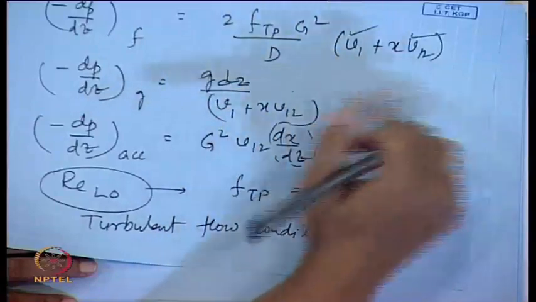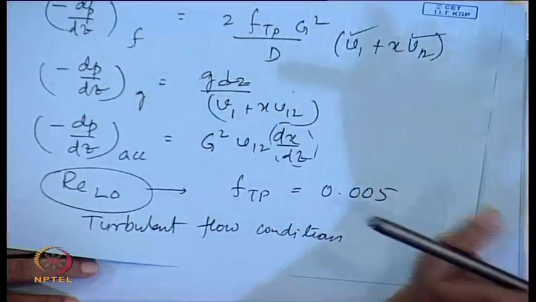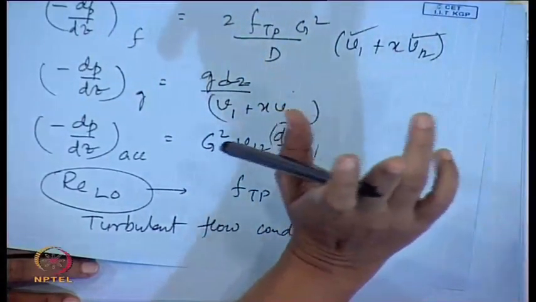And you find that the only variable in this particular case, the thing which varies with z, is just x, nothing else varies with z. If you see the expression, G square, V 1, V 1 2, nothing else varies with z, only your x varies with z, and dx dz, it's linear, therefore, dx dz equals a constant c. You can find out the c from heat balance equations.